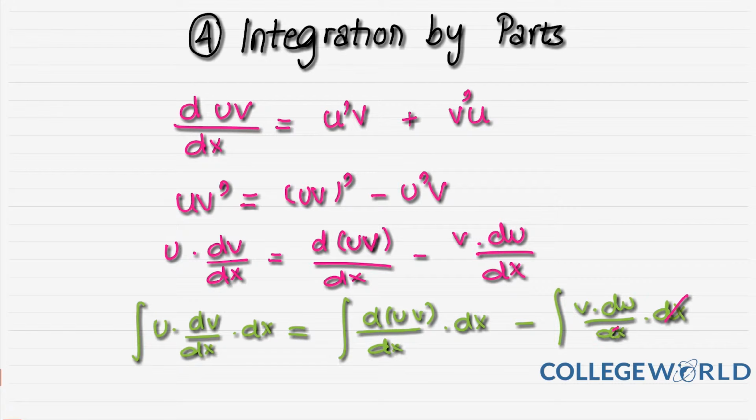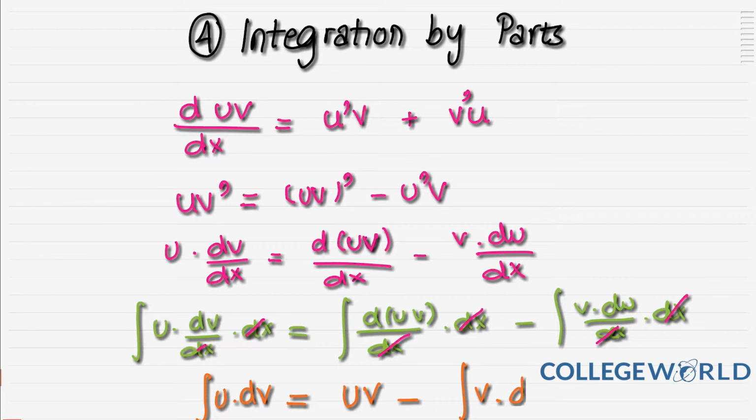What happens here is that the dx's will cancel out, and this will leave us with the formula for integration by parts, which is that if you have the integral of u dv, this is actually equal to uv minus the integral of v du. And this is the general formula of integration by parts.